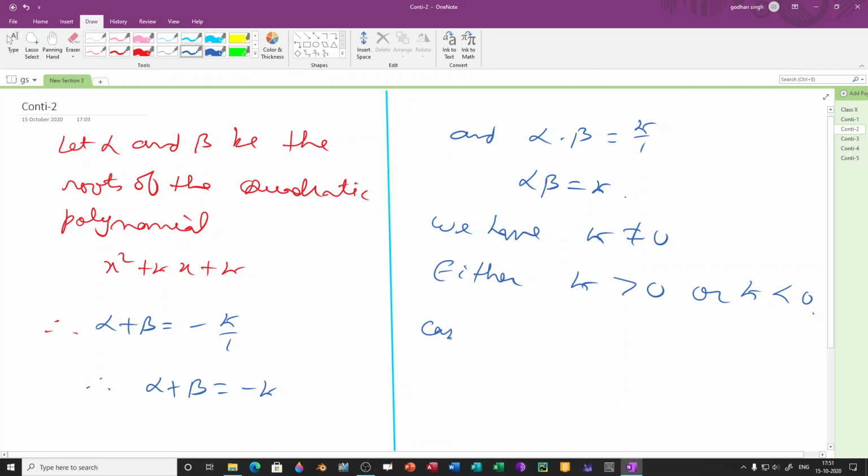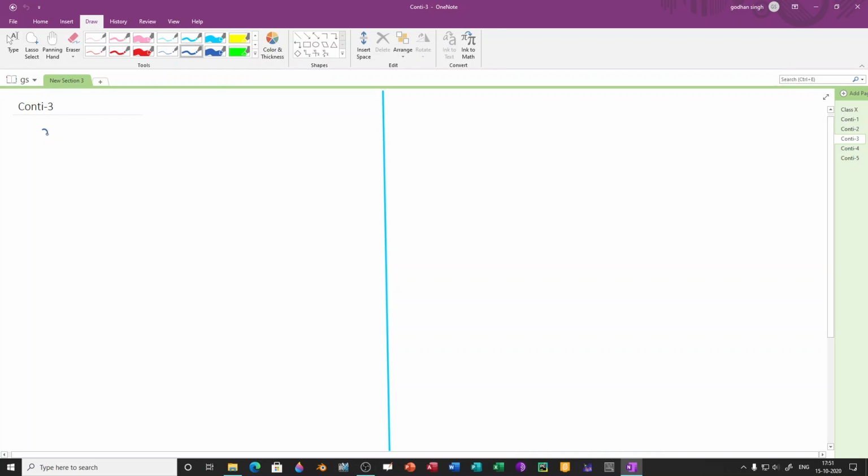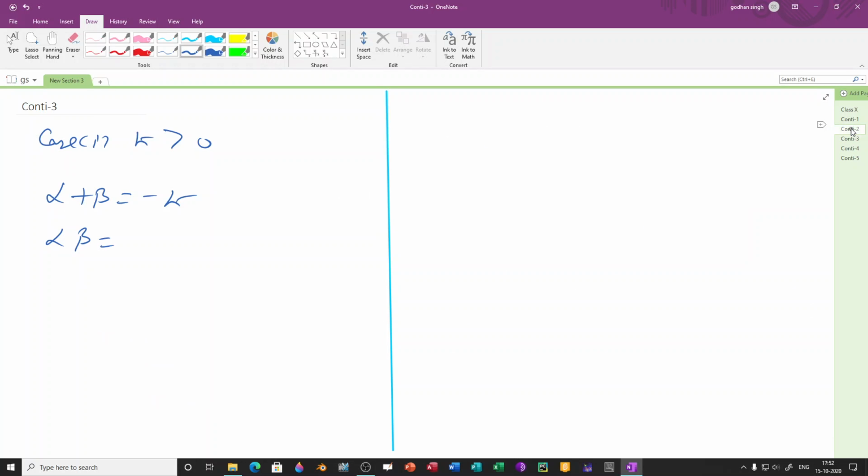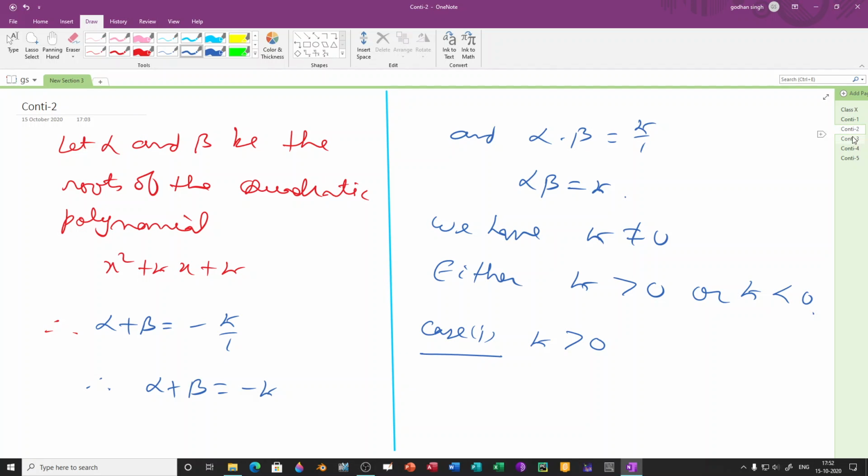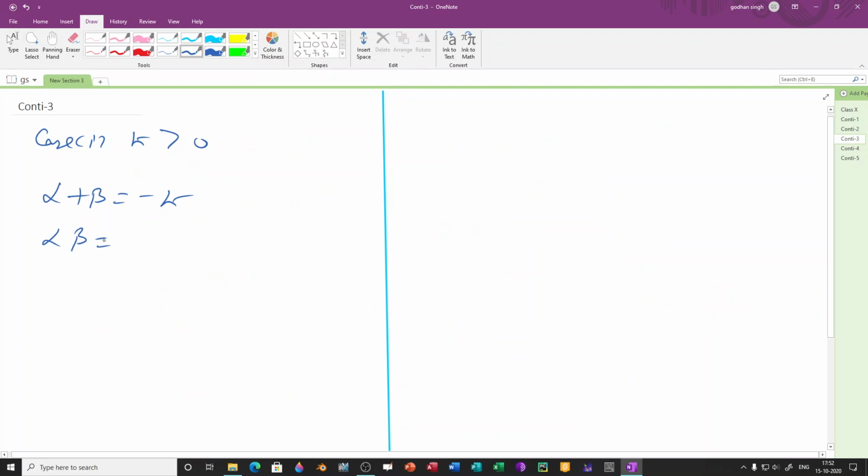Case 1, k is greater than 0. So we have alpha plus beta equal to minus k, and alpha into beta equal to k.